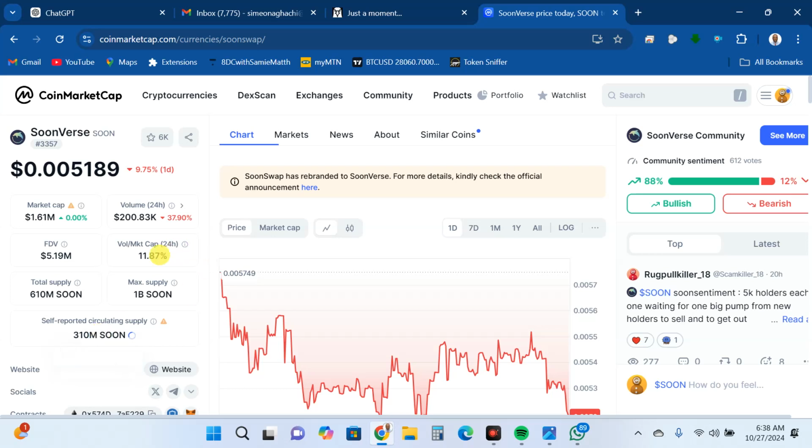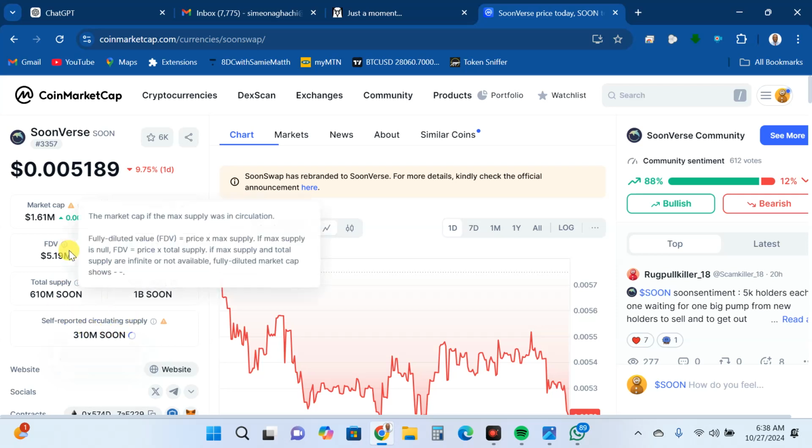Now, if you have a situation where the max supply is equal to the total supply and equal to the circulating supply, it simply means that no tokens have been locked and no tokens have been burnt. And usually that kind of supply metric is very healthy.